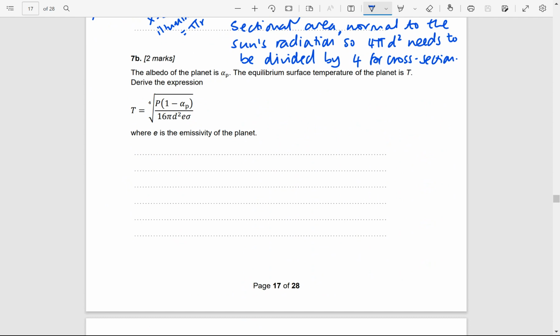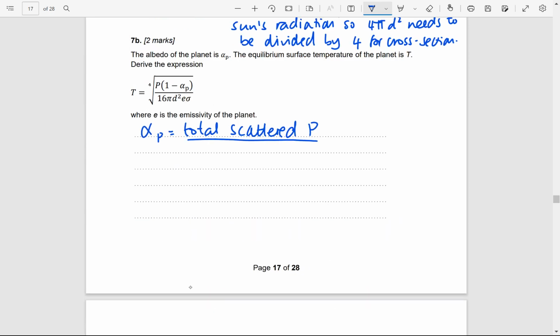Right, 7b, we were looking at albedo. So albedo, first of all, is the total scattered power divided by the total incident power.